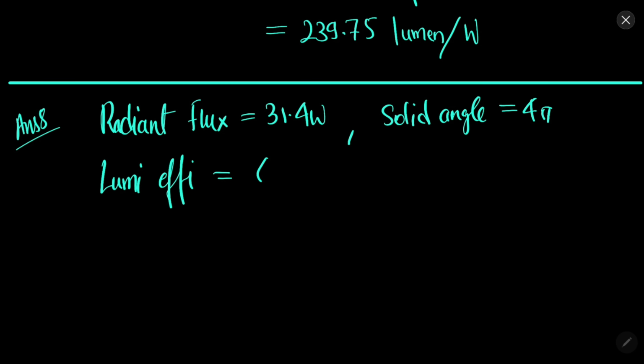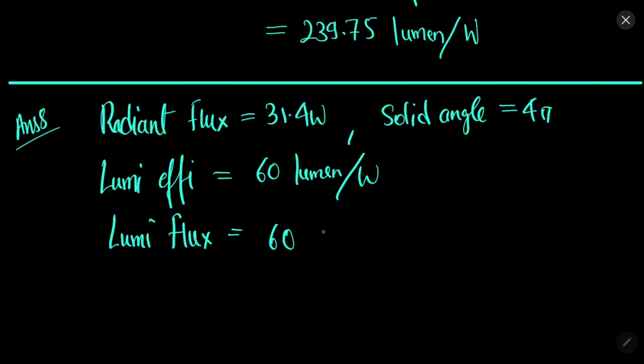Luminous efficiency is 60 lumen per watt. Luminous flux will be luminous efficiency into radiant flux, that is 60 into 31.4 lumen.